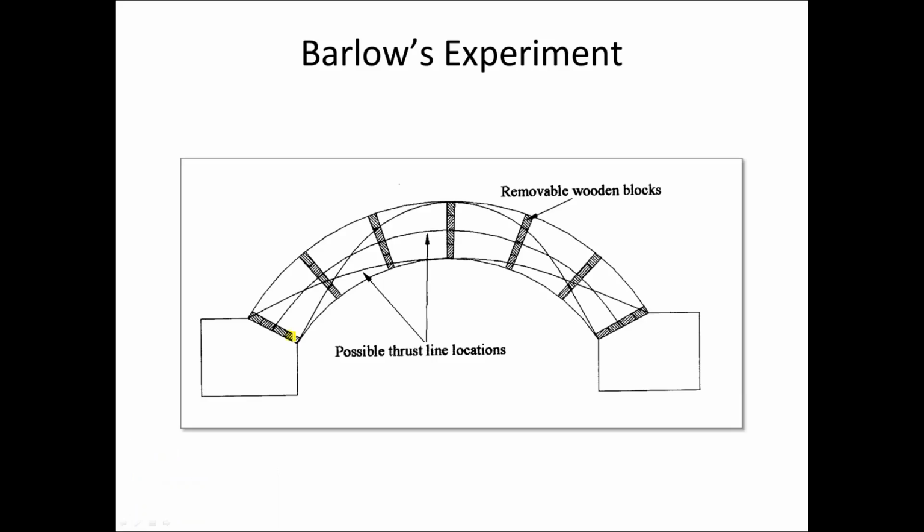He showed that if you had 6 voussoirs and you separated those by timber blocks, you could remove all but, for example, the timber blocks which I'm highlighting, and the arch would stand. And you could effectively remove different arrangements of blocks and clearly demonstrate the multiplicity of these lines of thrust in a masonry arch.